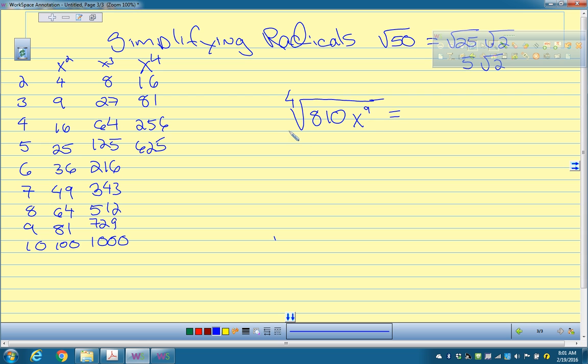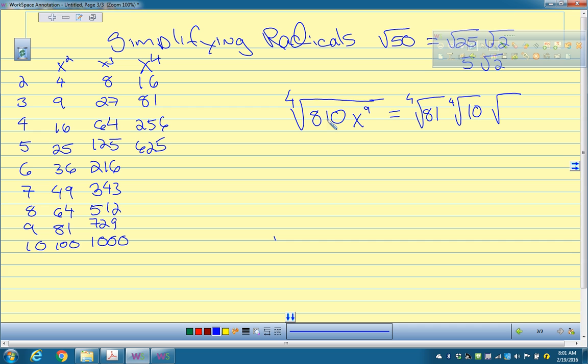There's an 81 in there, because now I'm looking for fourth roots. So I could write this as the fourth root of 81 times the fourth root of what? 81 times what gives you 810? 10. But then I have to do something with this x to the 9th.